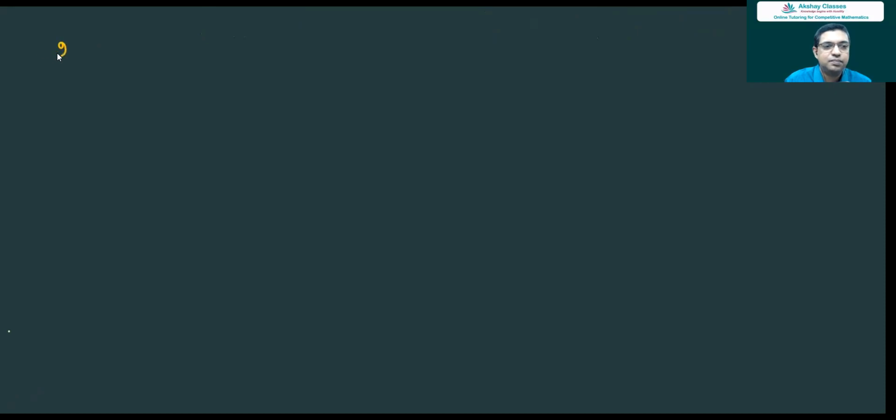There's a second example. Now, consider f of x is equal to x minus root of 4 minus x squared.